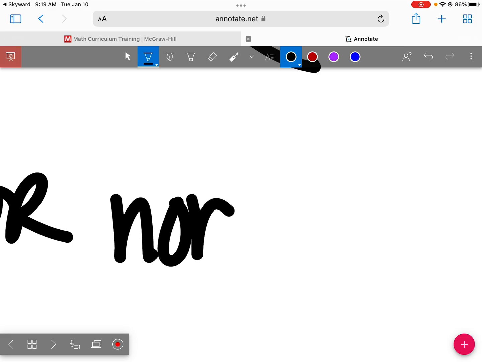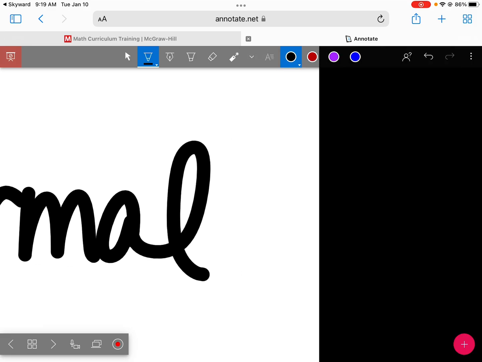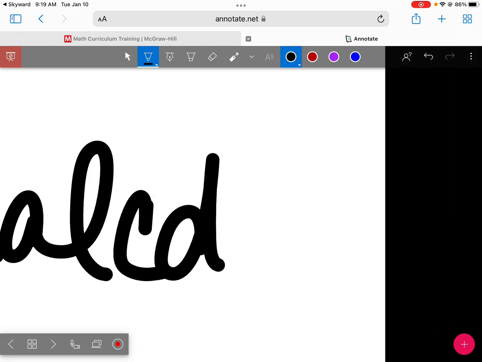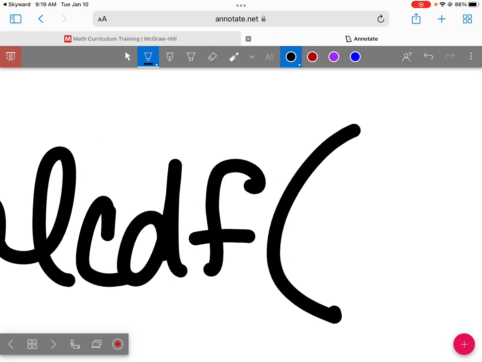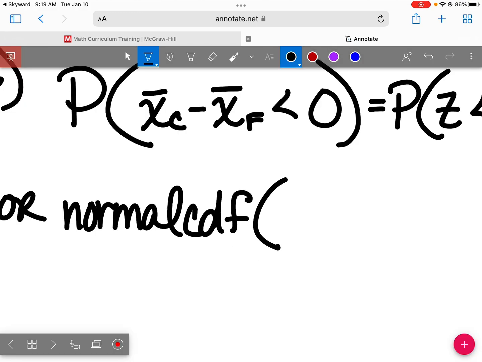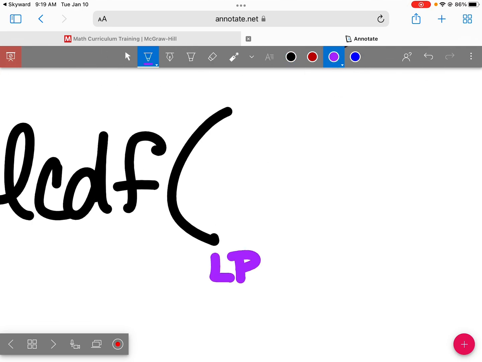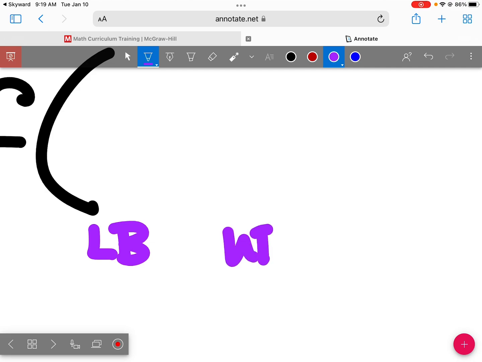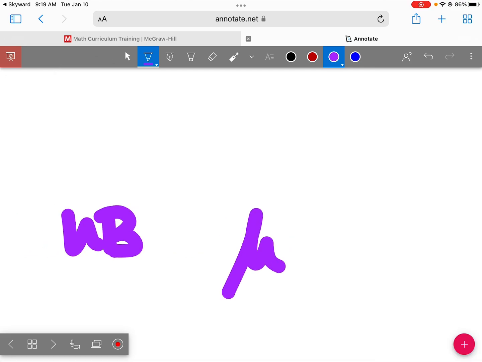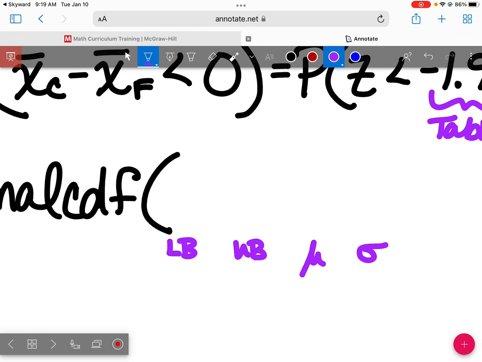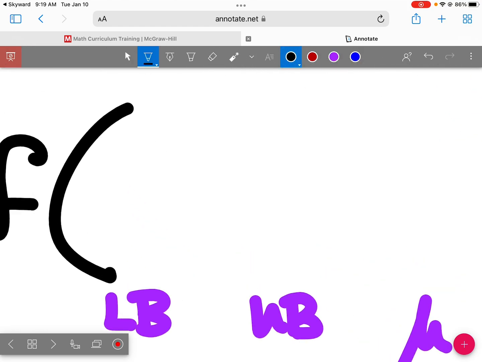Normal CDF. And then I always need to do lower bound, upper bound, mu and sigma. Is a good lower bound here 0? Why not?